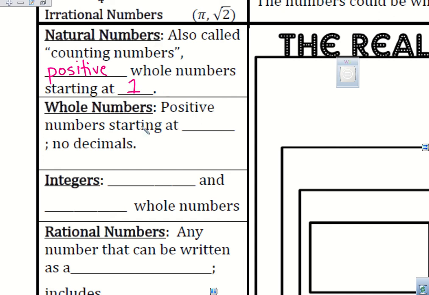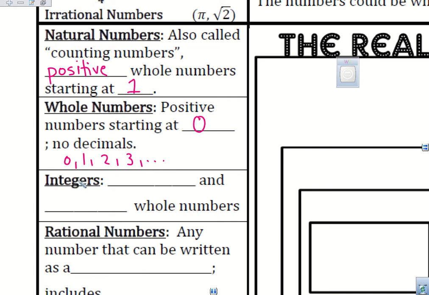Whole numbers are positive numbers starting at 0. No decimals. So the only difference between a natural number and a whole number is that whole numbers include 0. So for example, these would be 0, 1, 2, 3, and so forth.